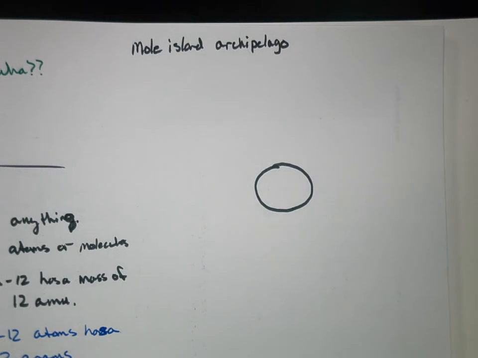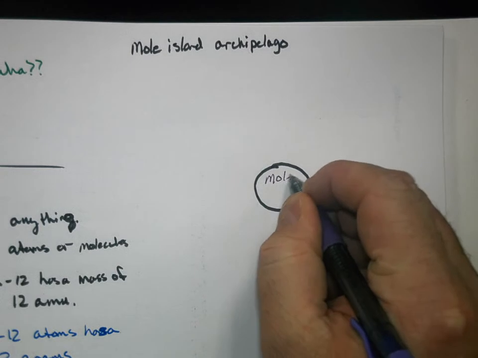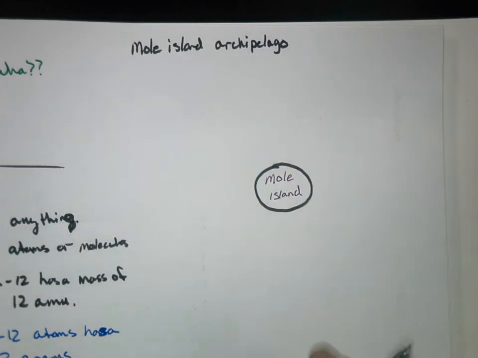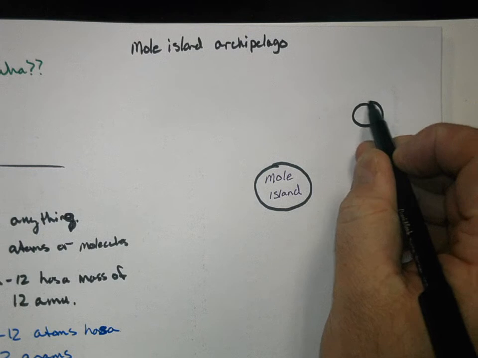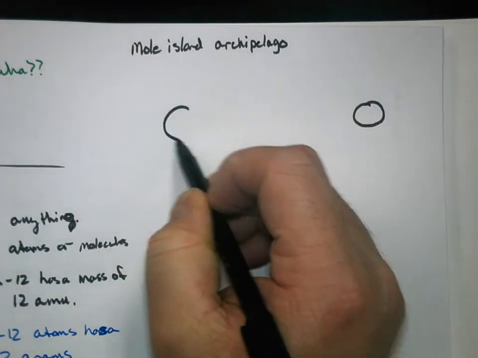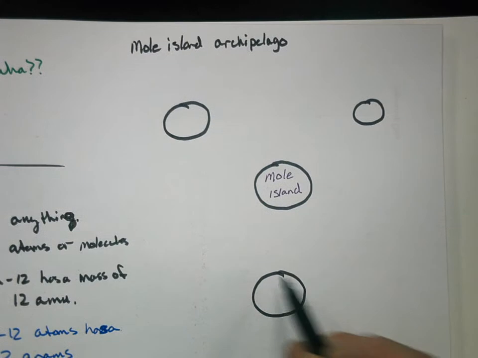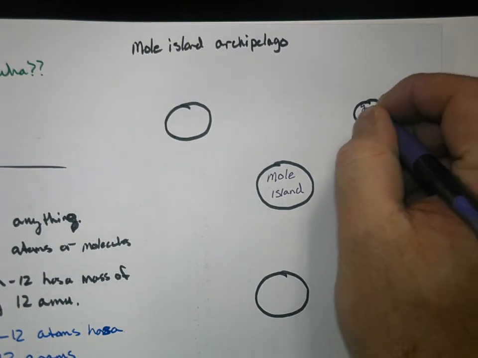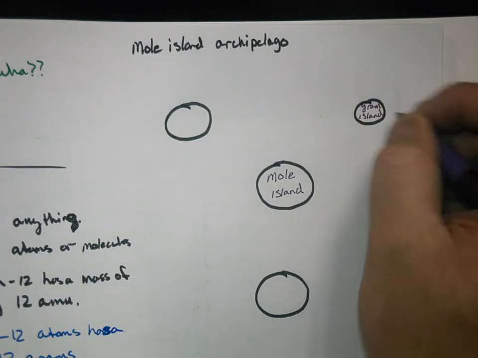This is Mole Island. It has 3 outlying islands. You should draw them big enough that you can write inside of them, or at least write the title. This is Gram Island.